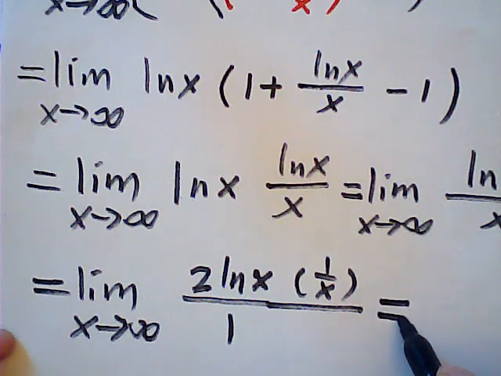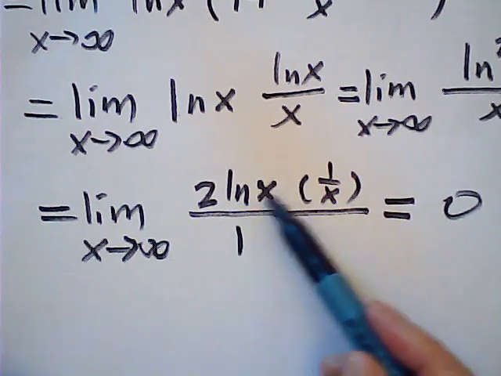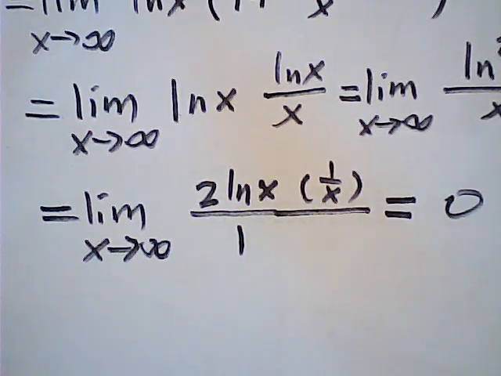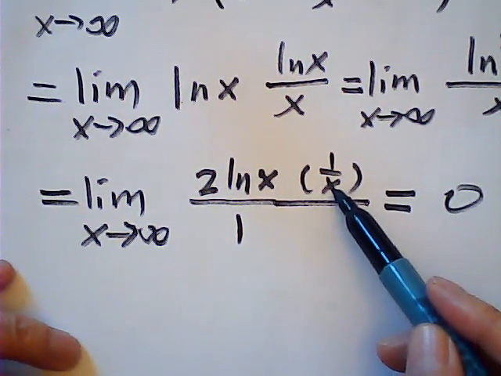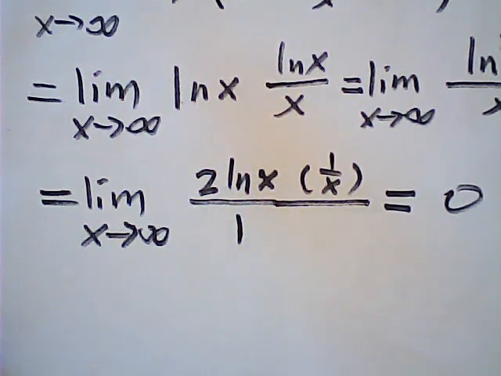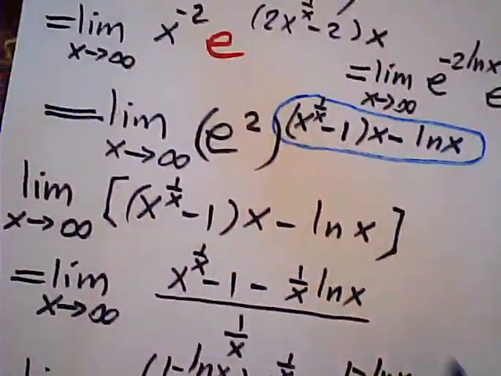So this one is equal to 0, right? Because under L'Hopital's rule it becomes 0. Or you can consider x is increasing much faster than log x. So this is 0.